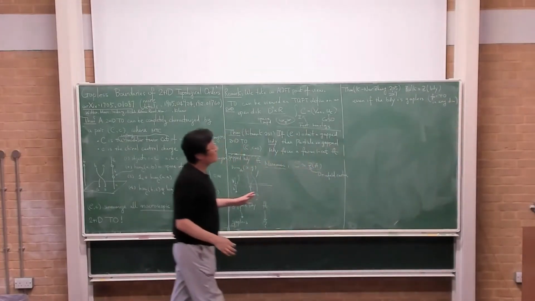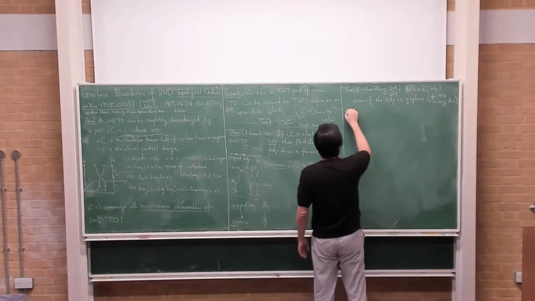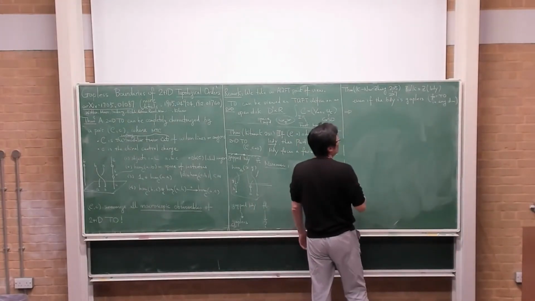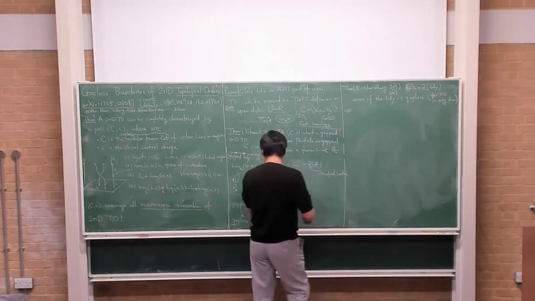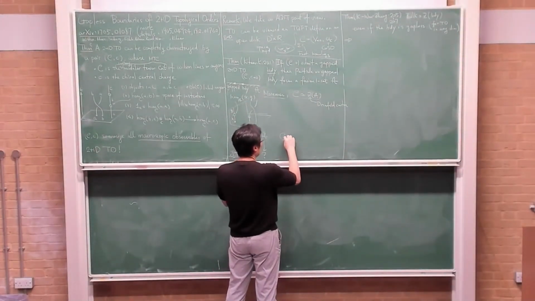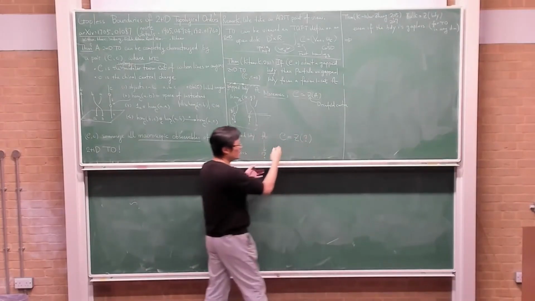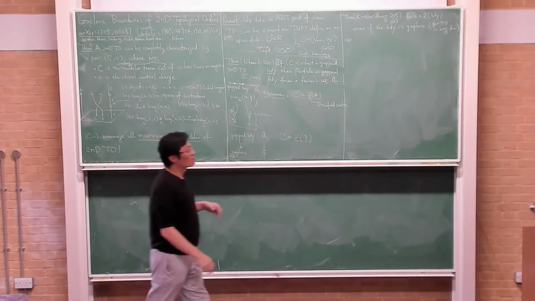I'm not going to tell you how to prove it. You have to believe me on this. If this is true, it should imply that there is something mysterious, we do not know what it is, such that its center equals this.